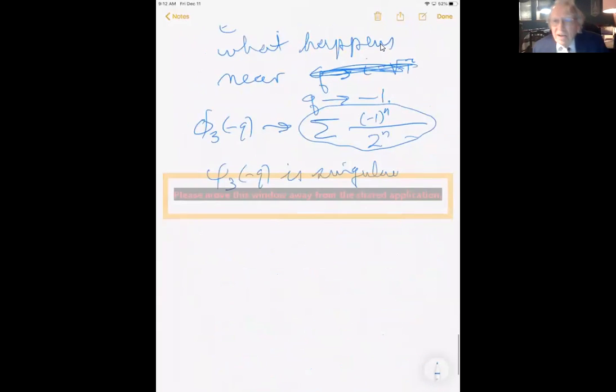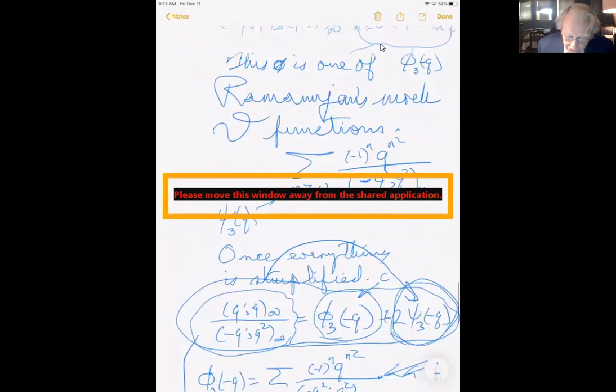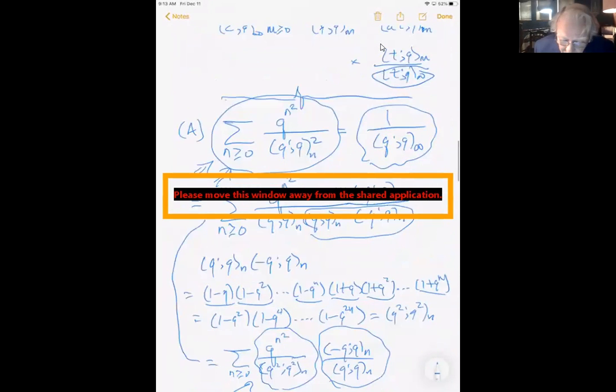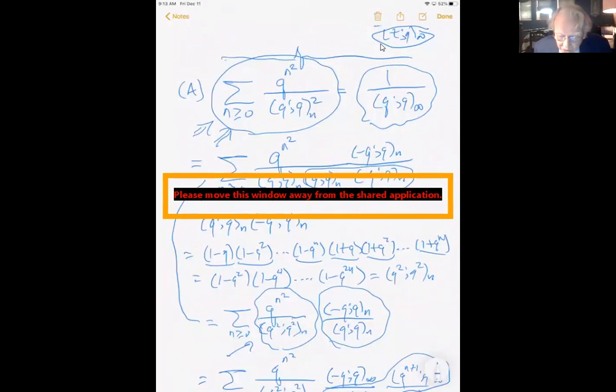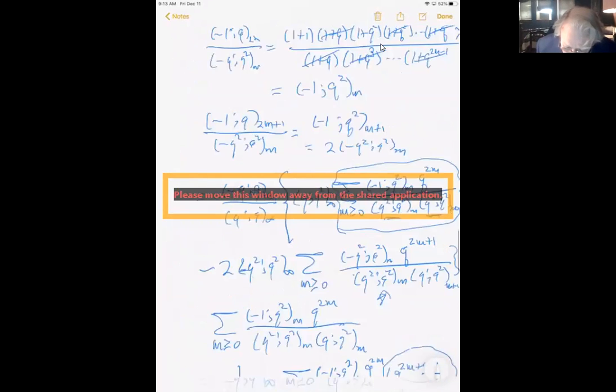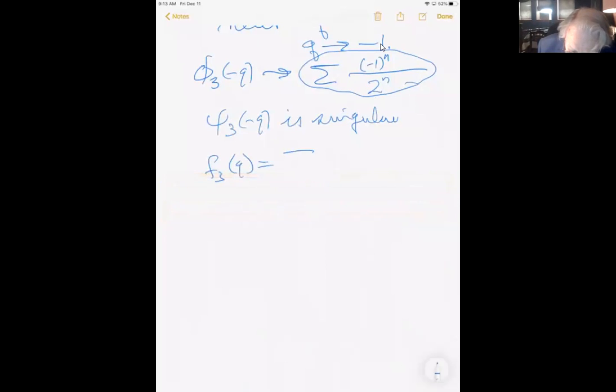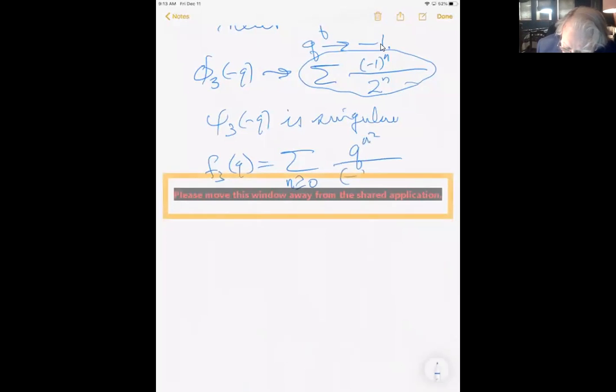And now what one needs to do is to go about seeing what other things can be done of this nature. Well, the next thing that can be done, and I'm getting toward the end of my talk, so I want to summarize quickly, is, instead of this series, write f3 of q equals the summation n greater than or equal to 0 of q to the n squared over minus q sub n squared.